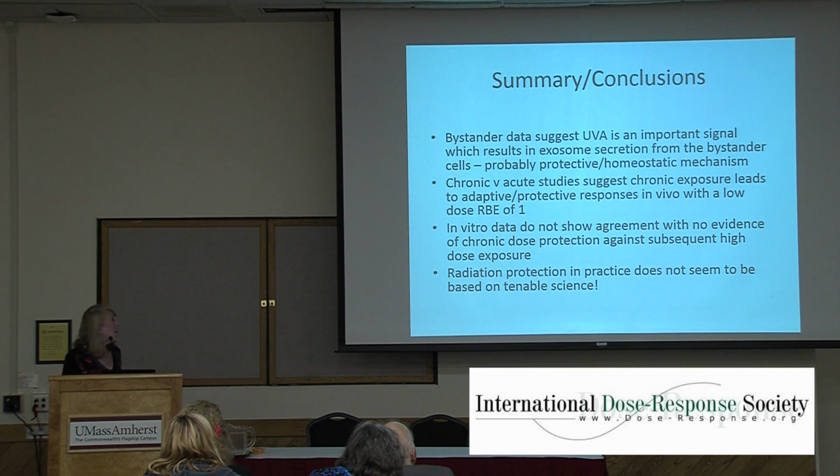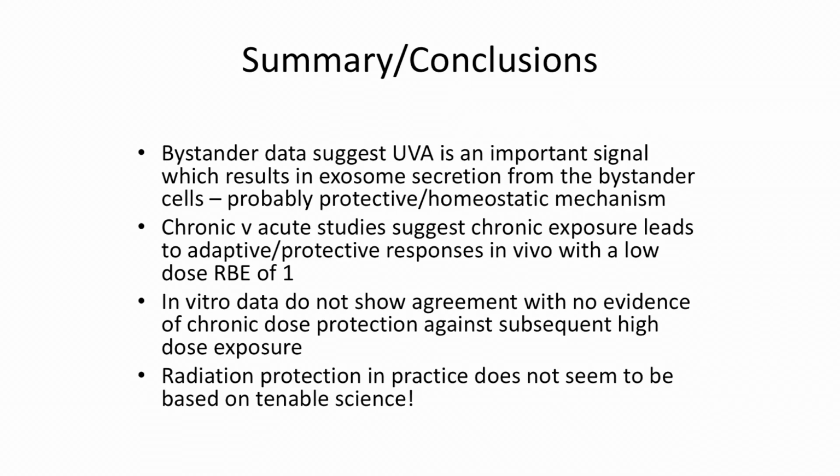So my summary and conclusions are that the bystander data suggests that UVA is an important signal which results in exosome secretion from the bystander cells, and that it's probably a protective or homeostatic mechanism.